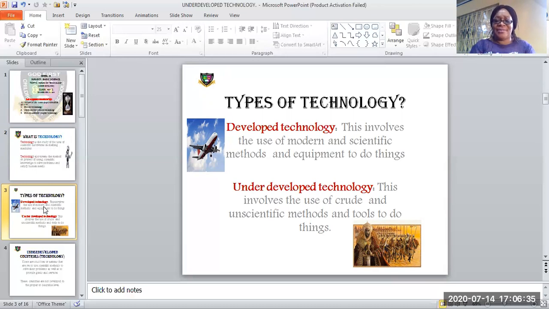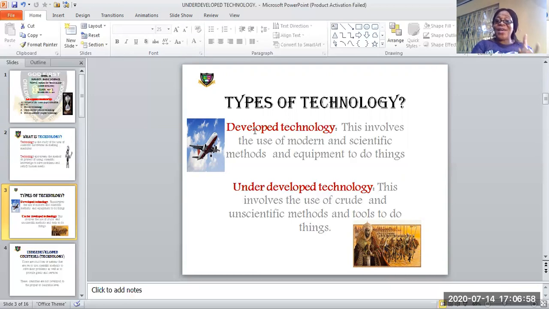So, what are the types of technology? We have developed technology and underdeveloped technology.